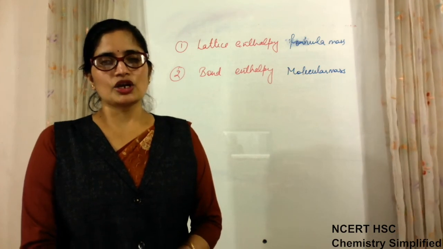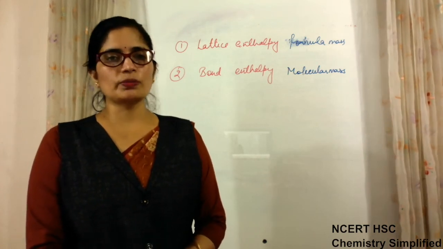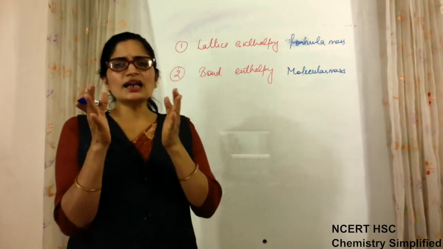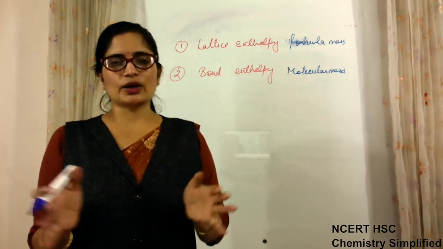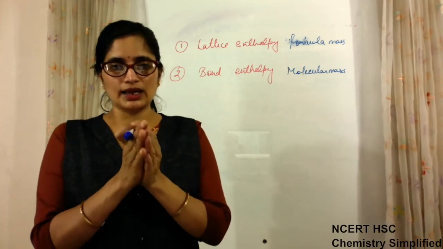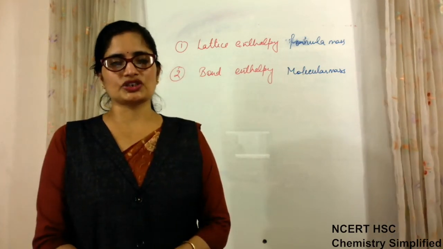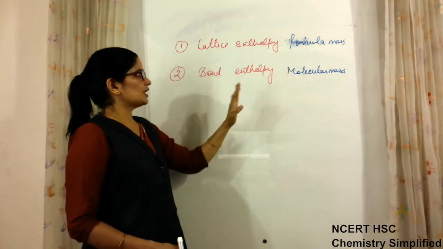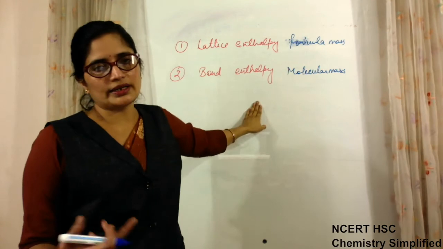Because of those strong bonds, they are never present in isolation. They are always present in a group, forming a crystalline structure. So the term will be lattice enthalpy, and simply, it is bond enthalpy.